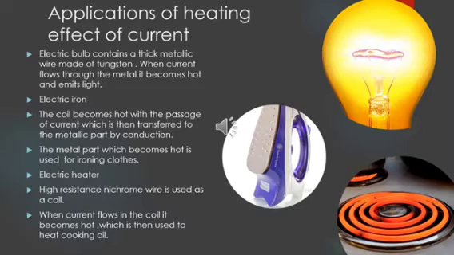Tungsten is a metal which has a very high melting point, and as current flows through it, it becomes very hot and then starts glowing. Have you followed how the electric bulb works, how the heat is produced, and how light is produced?